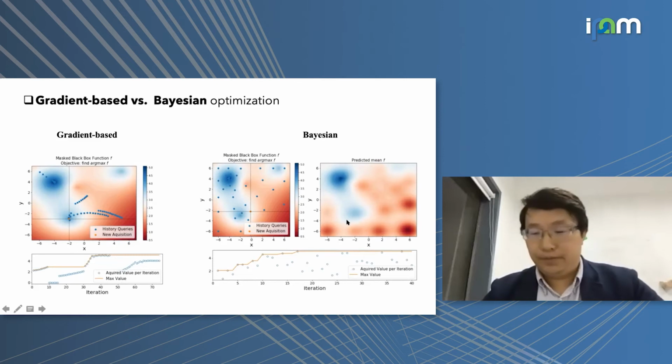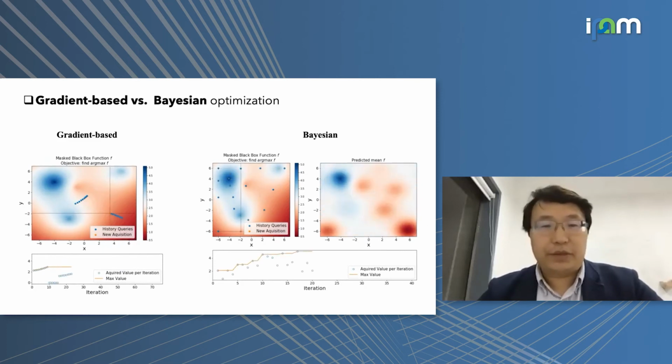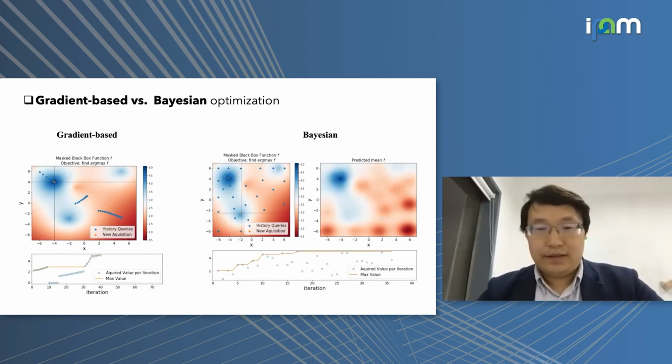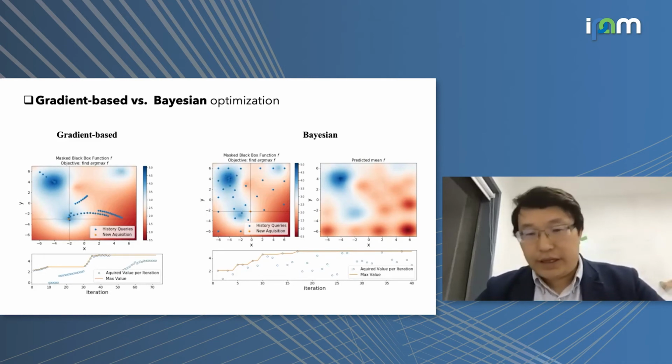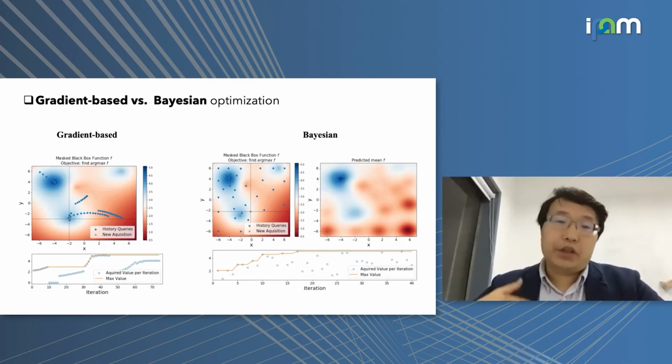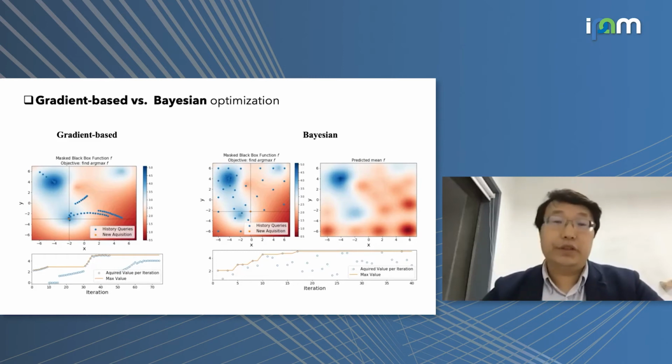Maybe we can compare them side by side. Both methods are actually quite efficient, and you can find the global minimum in a reasonable number of iterations.